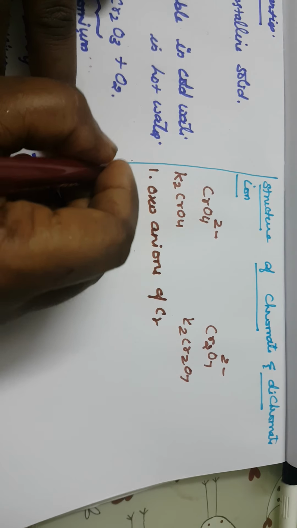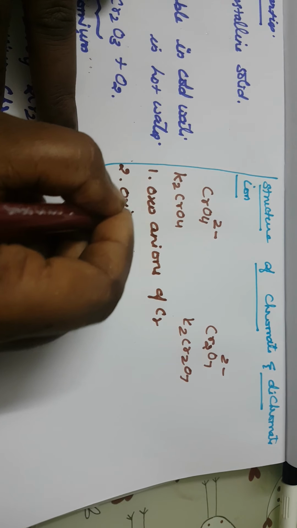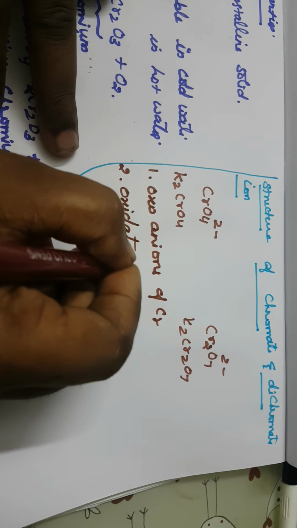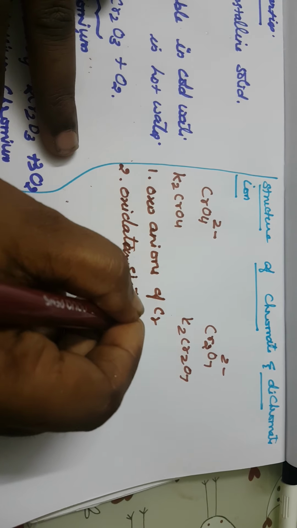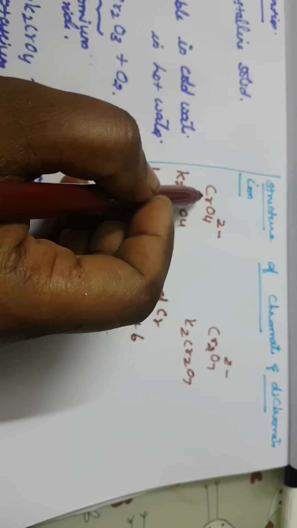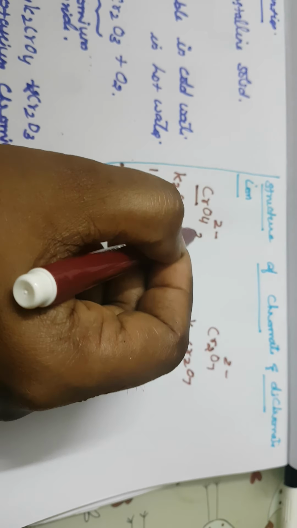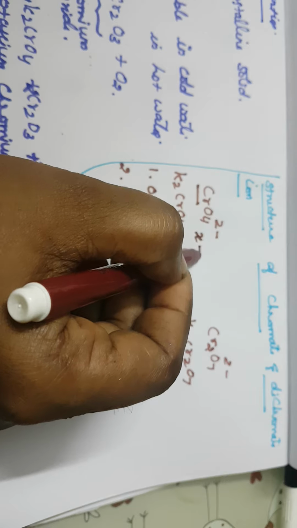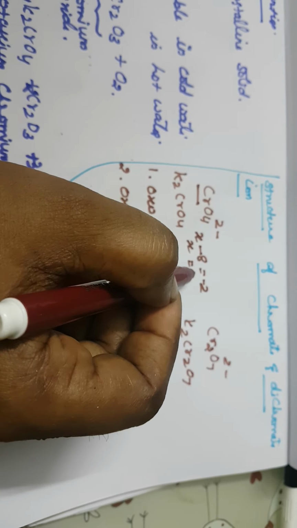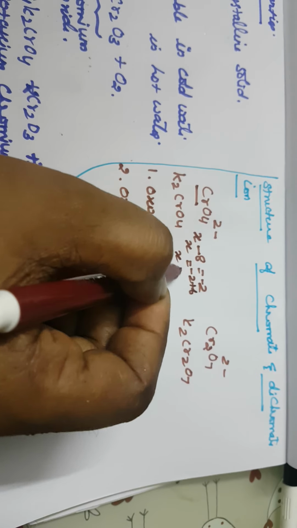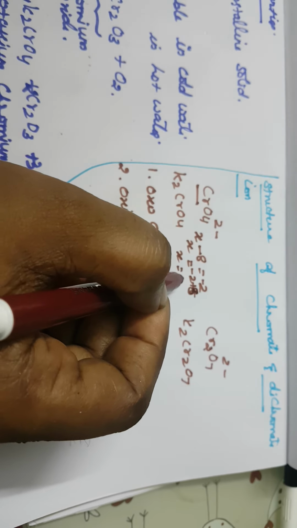Second one, oxidation state. How to calculate the oxidation state? The oxidation state is plus 6. Suppose chromium is X, oxygen is minus 2, so X minus 8 equals minus 2, X equals plus 6.